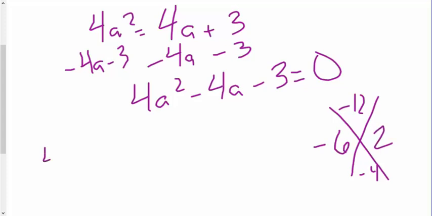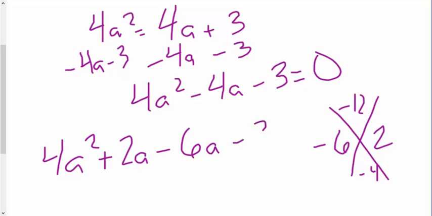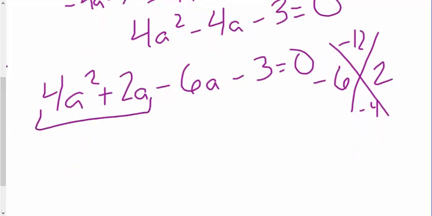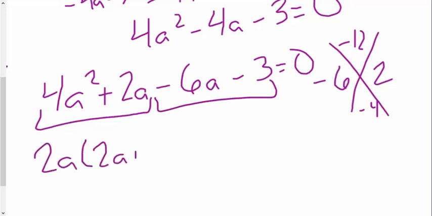So I'm going to break it down to 4a squared plus 2a minus 6a minus 3 equals 0. From here, I have to do my factor by grouping. Out of that first pair, I can factor out a 2a. Out of the second pair, I can factor out a negative 3.